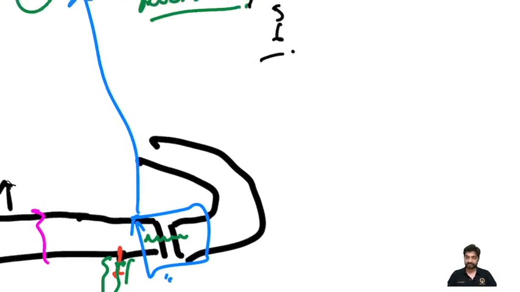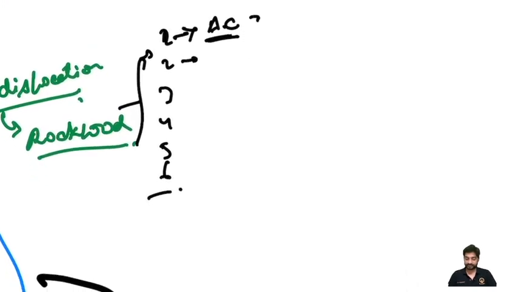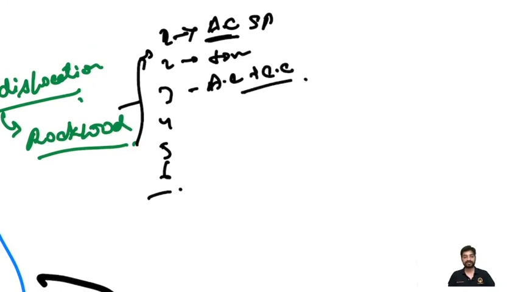So first is only sprain, second is torn, third is acromioclavicular plus coracoclavicular ligament damage, and fourth onward depends on the direction where it went, okay? So fourth is posterior, fifth is superior displacement, and sixth is inferior displacement, okay?